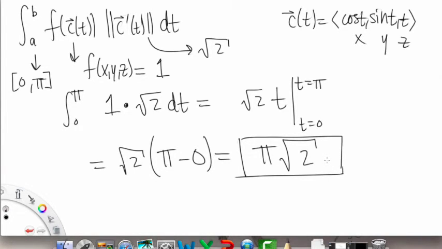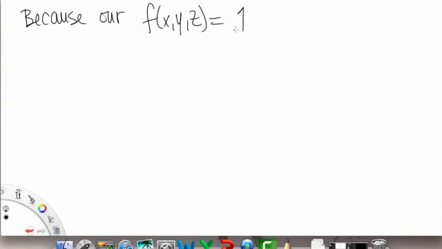Okay. All right, and another thing I want to note, I'll do it on the next slide as well. Because our given scalar function was equal to 1, right? Remember how I said there was no x, y, or z to plug in, really? With the parametrized things, but because it's just a 1.